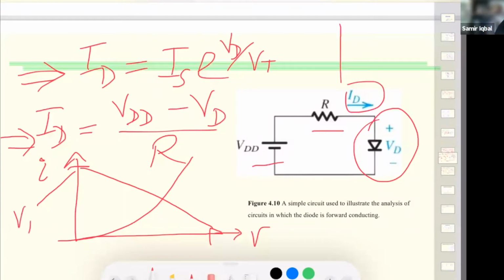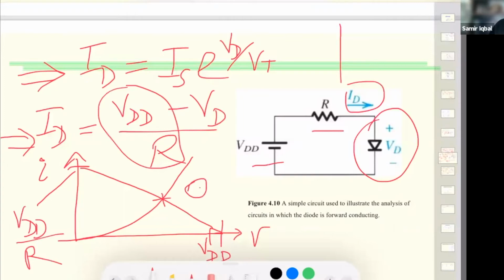So this is VDD divided by R from this relationship, and this is just VDD, the supply voltage. And this point is called the Q point. This is the operating point that we want our diode to operate at.